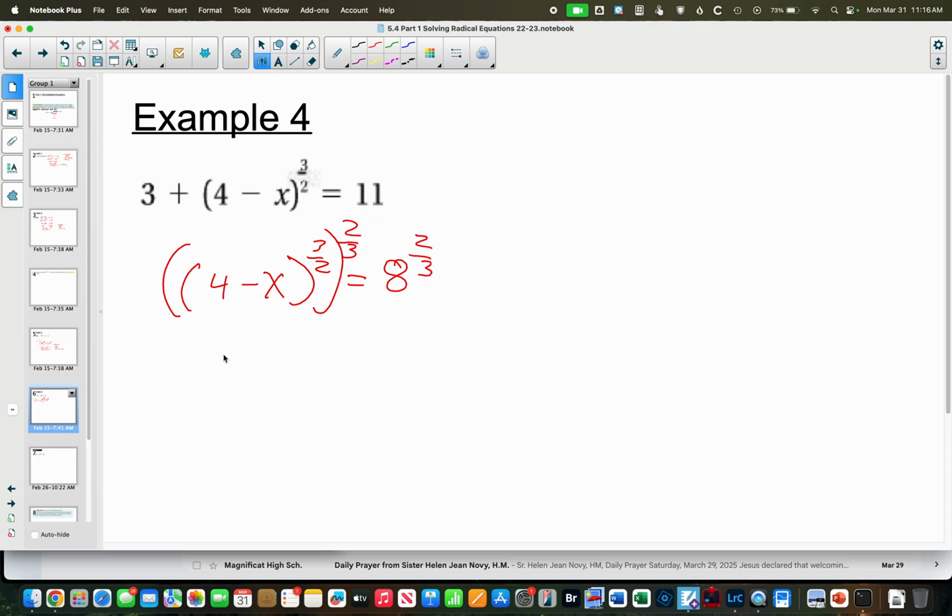So these go away, and we would just get 4 minus x. And this is the cube root of 8, which is 2, and 2 squared is 4. So that's all 4. We're going to subtract 4, which would give us 0.